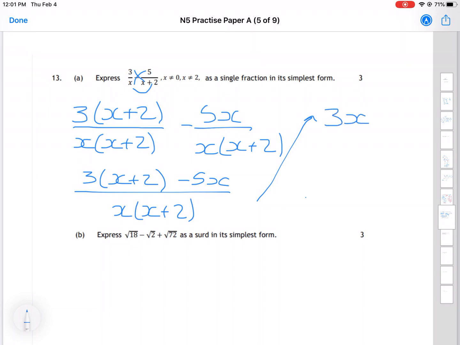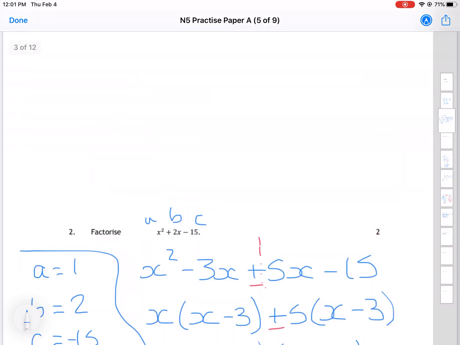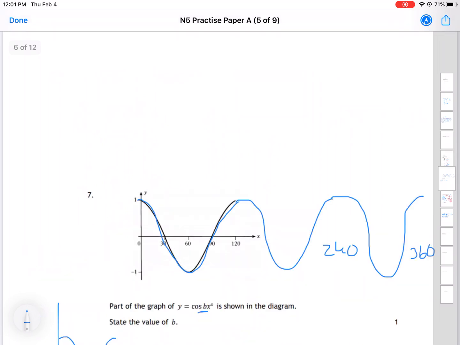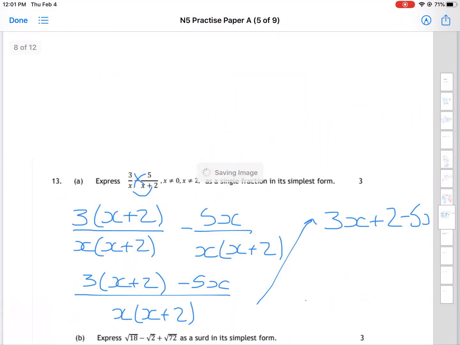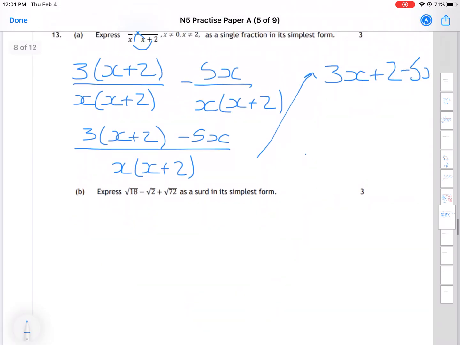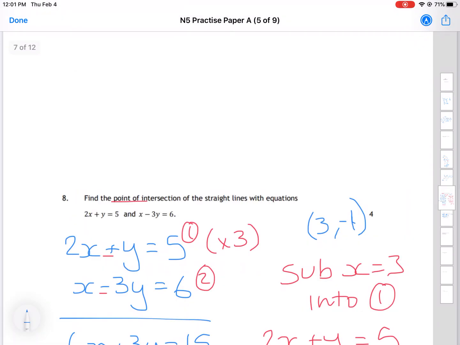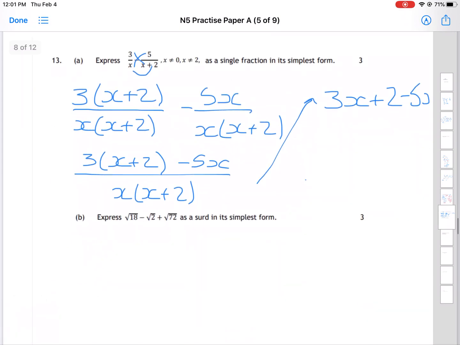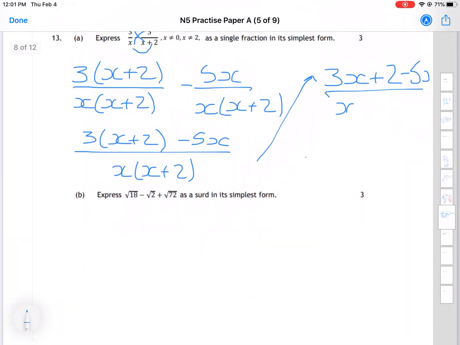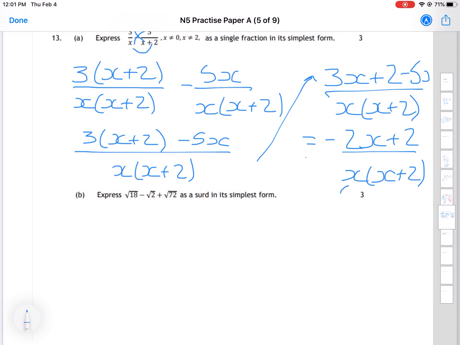Multiply out that bracket, 3x plus 6 minus 5x, all over x bracket x plus 2. 3x, take away the 5x, gives me negative 2x plus 6 all over x bracket x plus 2.